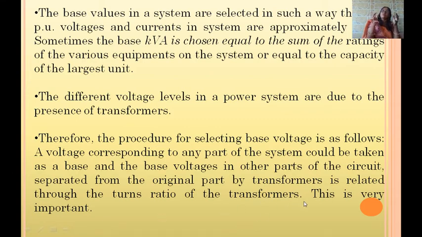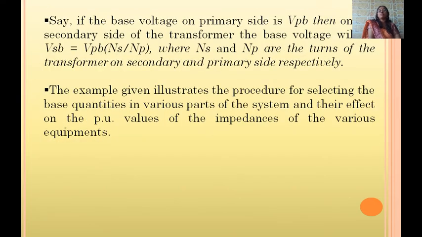That means from transformer to transformer we select one circuit, and after a transformer there will be another circuit. So while calculating per unit values of the power system, up to the transformer we consider one part, and after the transformer the second part, separated with the help of the turns ratio. This is very important while calculating the per unit quantities of all the equipment.